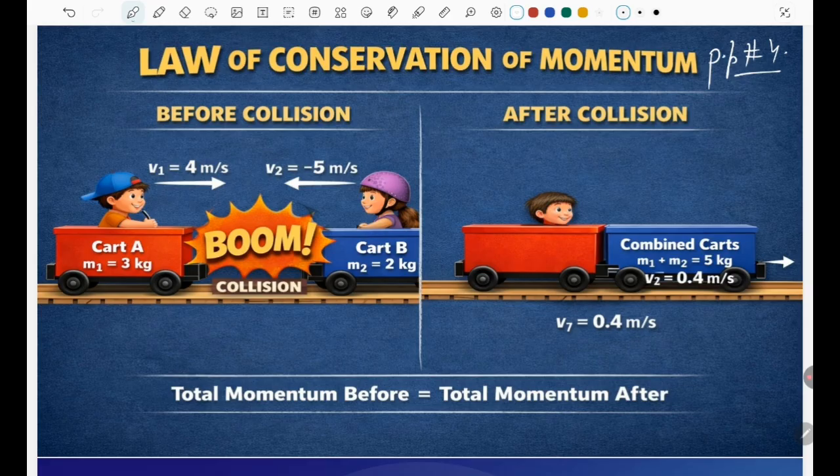So what is conservation of momentum? We see before collision and after collision. If the total momentum before and the total momentum after are equal, we can say that conservation of momentum is happening.